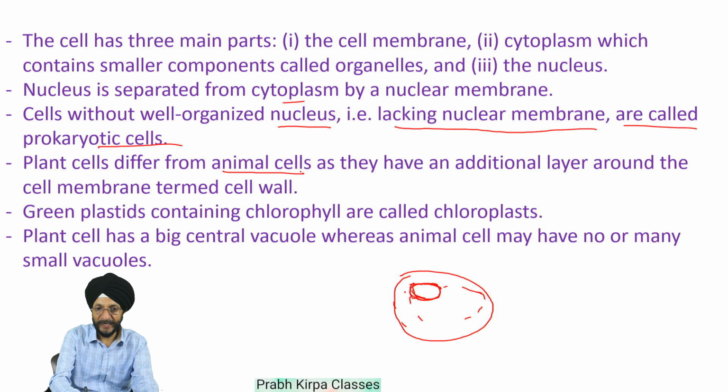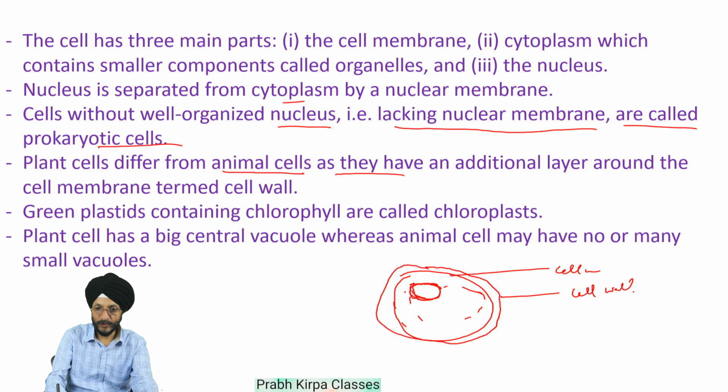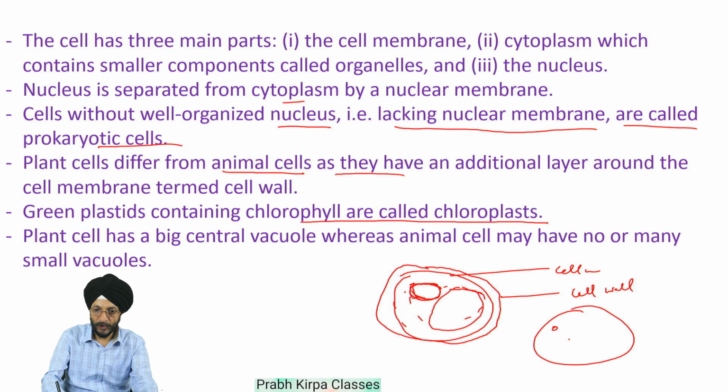Plant cells differ from animal cells as they have an additional covering around the cell membrane. This is cell membrane. This is the cell wall in case of plant cells. Green plastids containing chlorophyll are called chloroplasts. Plant cells have a large central vacuole, whereas animal cells have no or many small vacuoles.